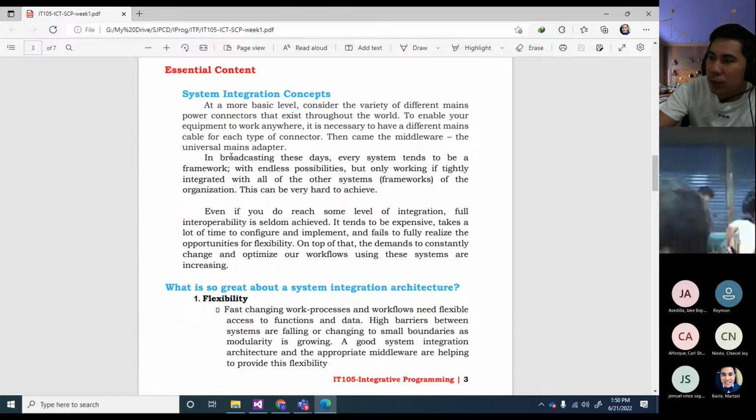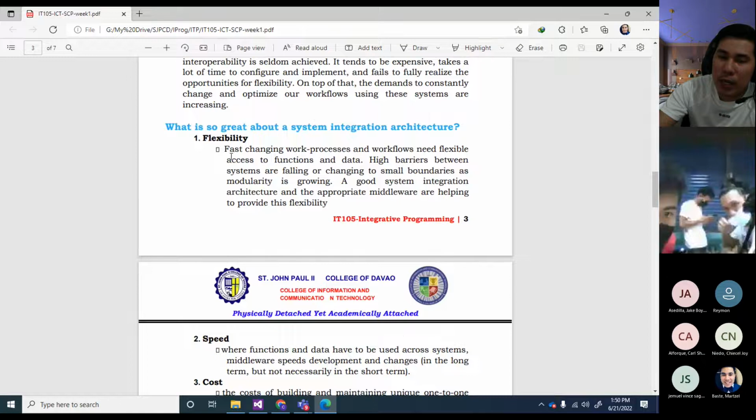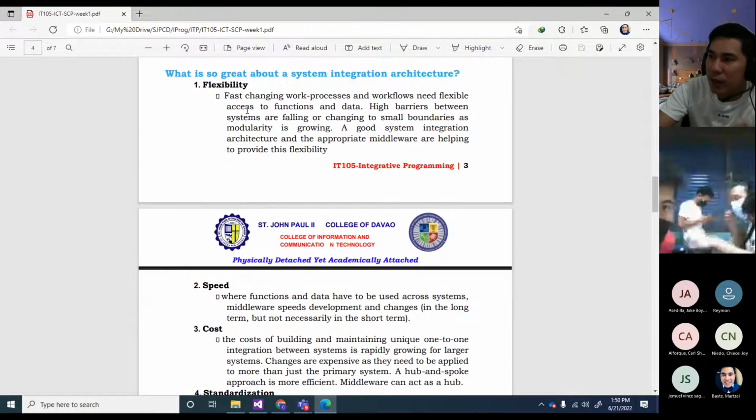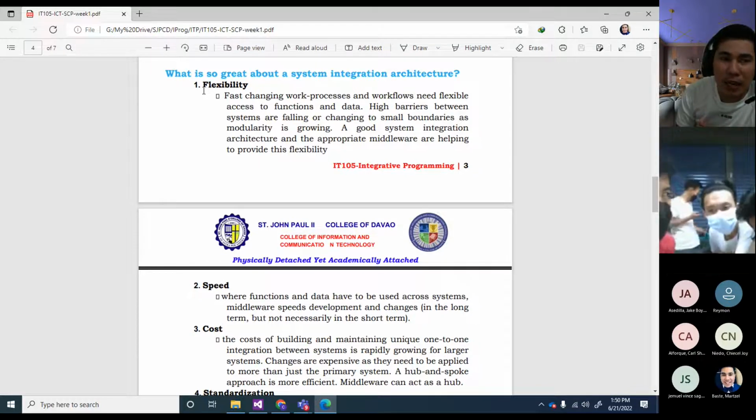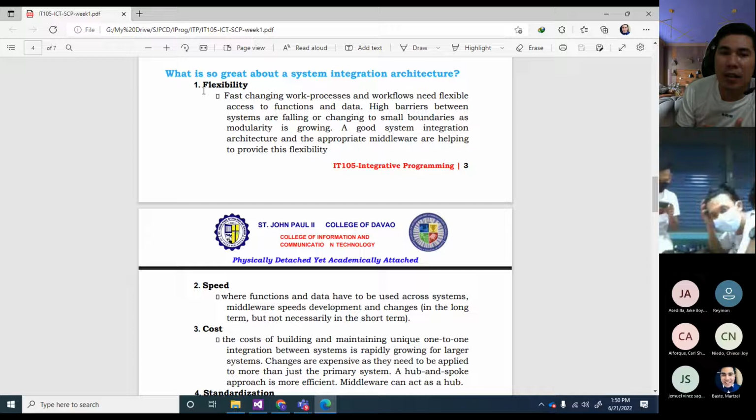Why do we need to do system integration? I would like you to review these things. Number one is flexibility. When we talk about flexibility in an application, it's about integrating a good system into an appropriate application, which we usually call middleware.